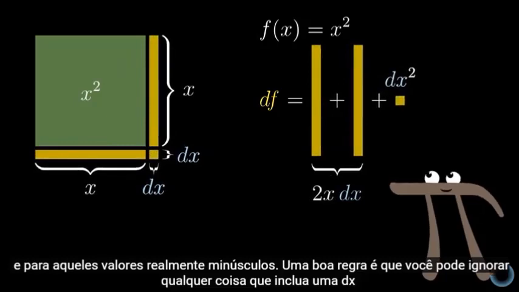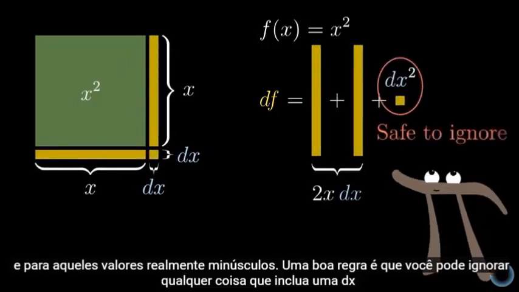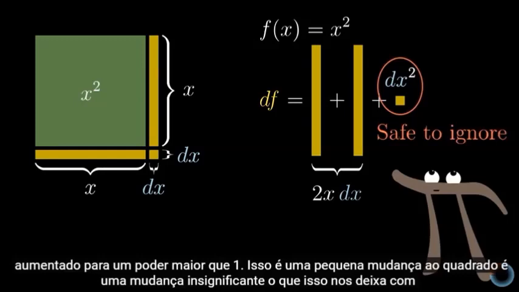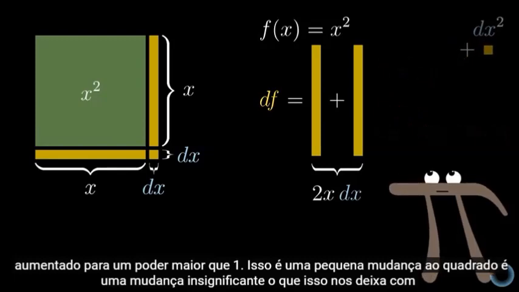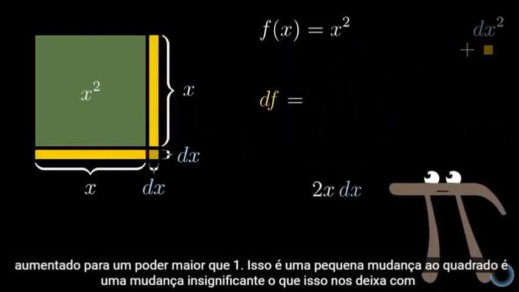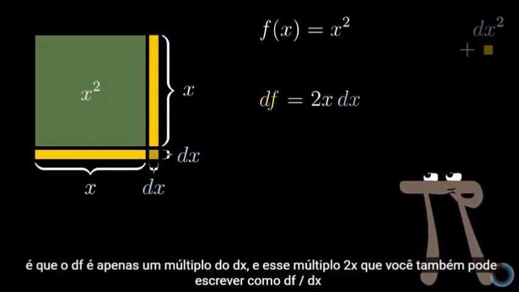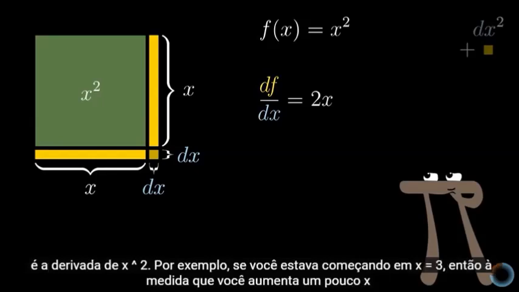And for those truly tiny amounts, a good rule of thumb is that you can ignore anything that includes a dx raised to a power greater than 1. That is, a tiny change squared is a negligible change. What this leaves us with is that df is just some multiple of dx. And that multiple, 2x, which you could also write as df divided by dx, is the derivative of x squared.